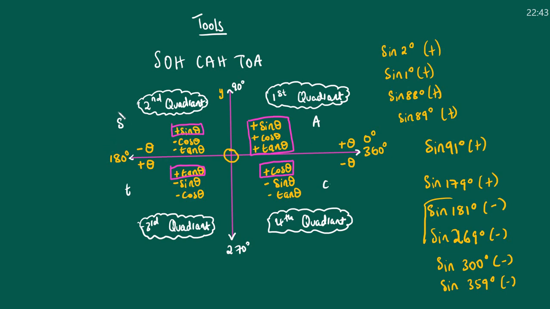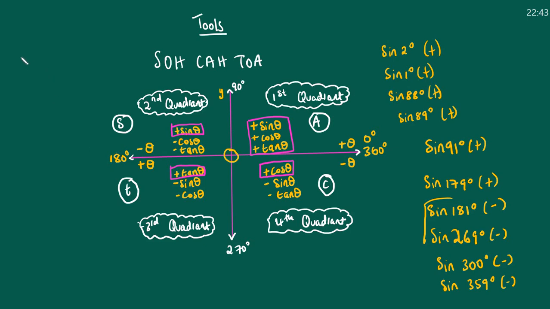In the second quadrant, we put S to remind us that it's only sine which is positive. In the third quadrant, it's only tan which is positive, the rest are negative. And in the fourth quadrant, it's only cos which is positive, the rest are negative.